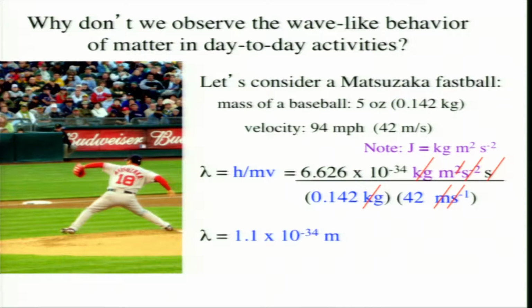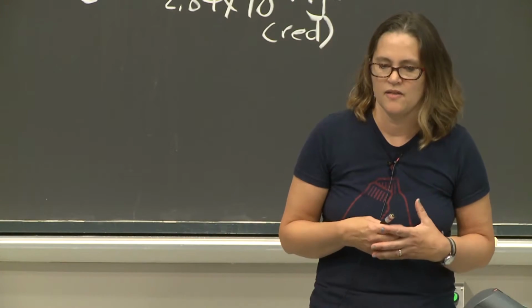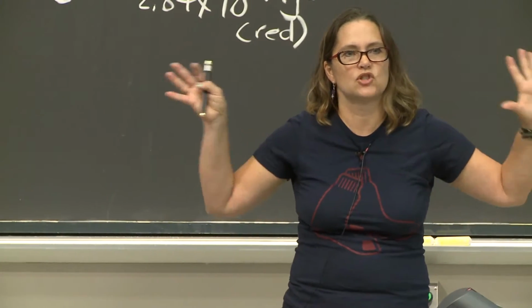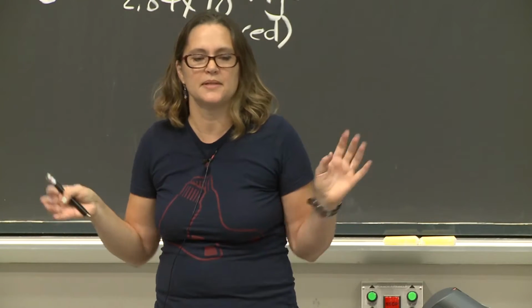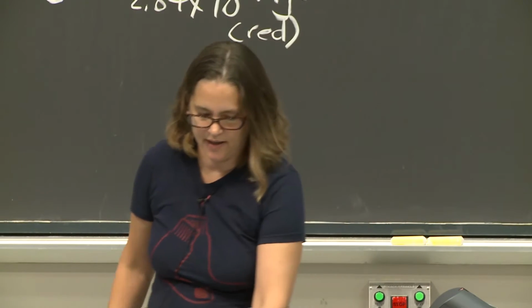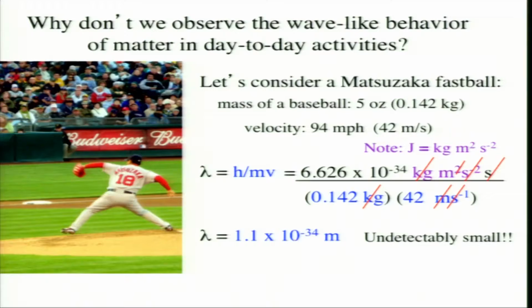And we have 1 meter left, which is good because we're talking about wavelengths, so that's the unit we should have. And the wavelength is 1.1 times 10 to the -34 meters. That is a really small number, and it is, in fact, undetectably small.